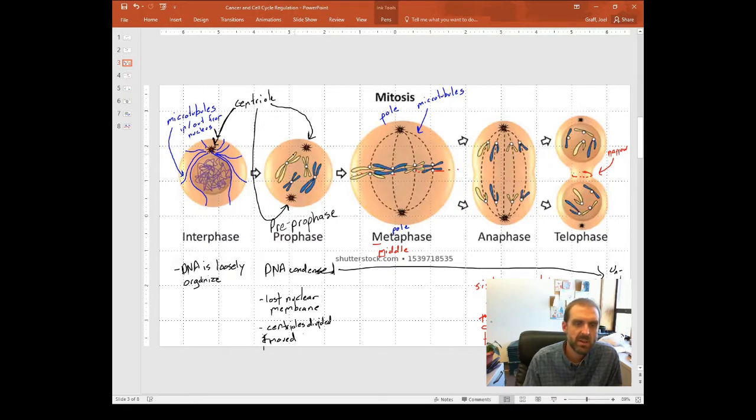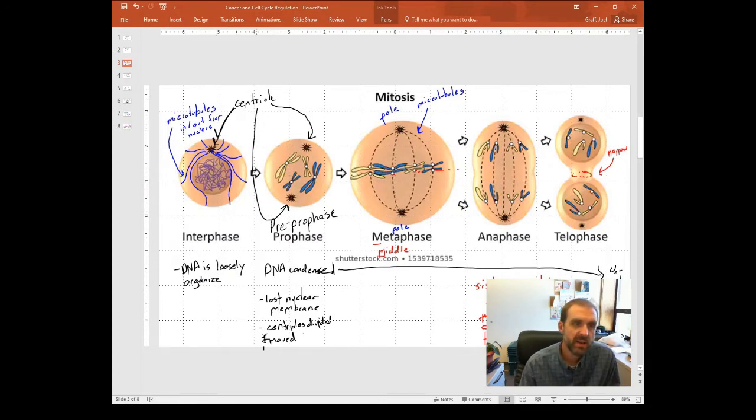They're sister chromatids. It started out as one chromosome. It was copied during S phase, and the two copies are held together near the middle of the X, which is some centromere sequence. And then we have, again, metaphase, anaphase, and telophase.